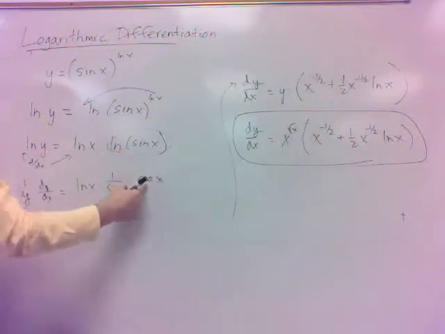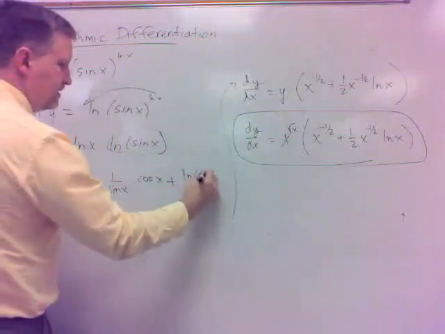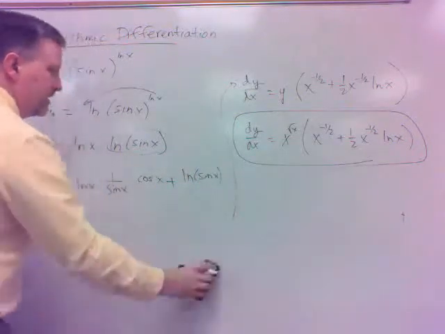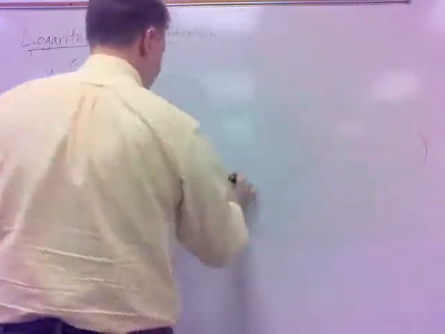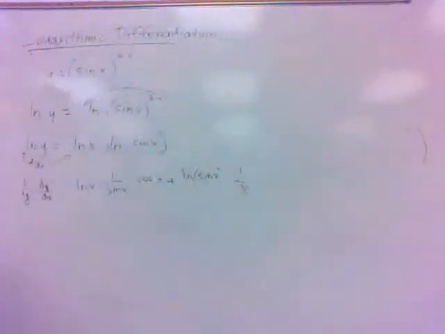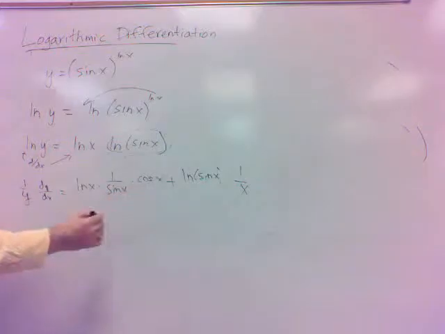And then the derivative of the inside is cosine. Plus, second, by my way anyway, ln of sine of x plus the derivative of ln of x. Well, that's easier. That's just 1 over x.